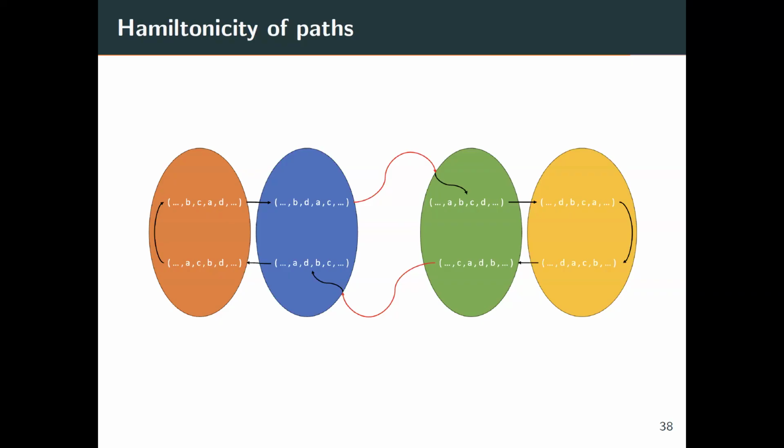So the Prüfer sequence of a path is a permutation, because each vertex appears just once, with the exception of the leaves. So it's a permutation, and we could construct a Hamiltonian path using the factorization.